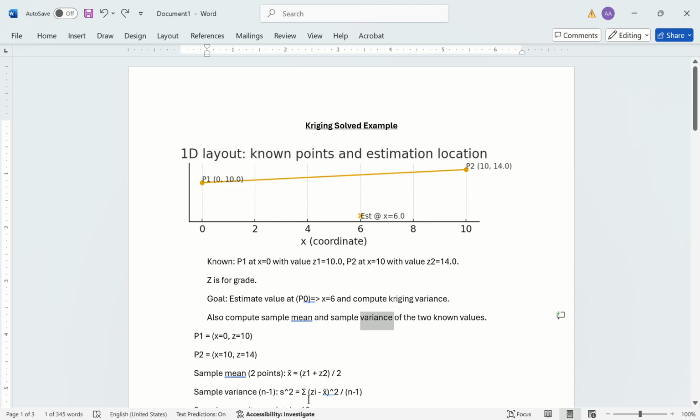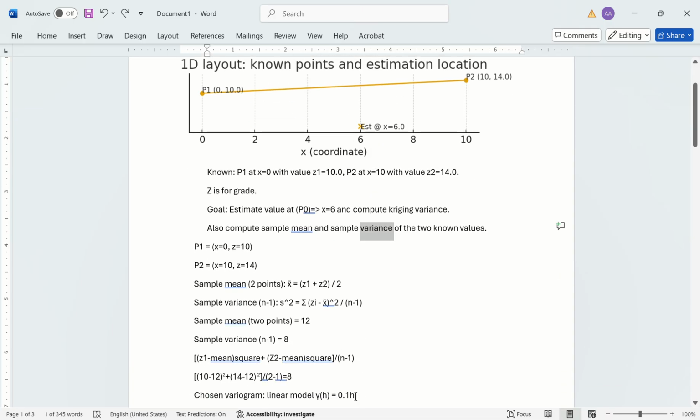It equals the sum of the grades of the known points minus the mean, each squared, divided by n-1. How we are going to do it, we will see.